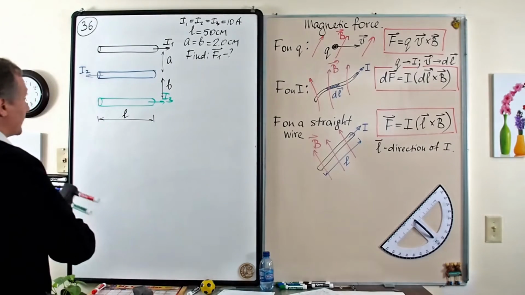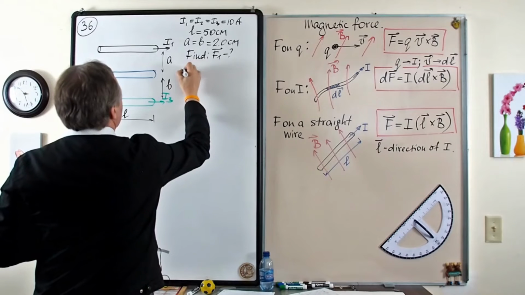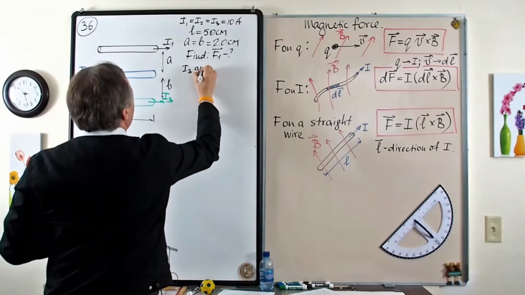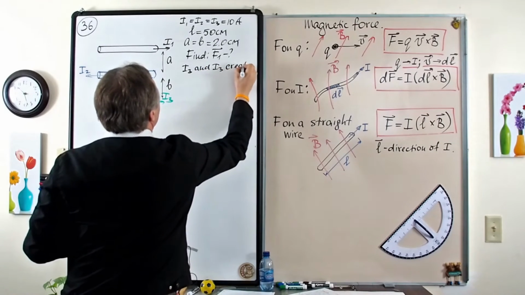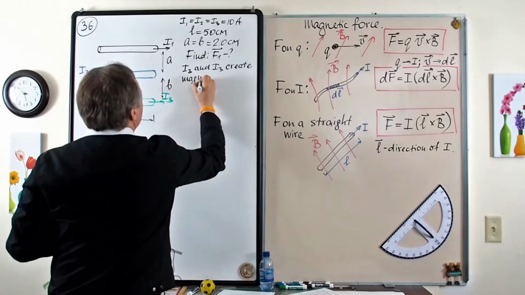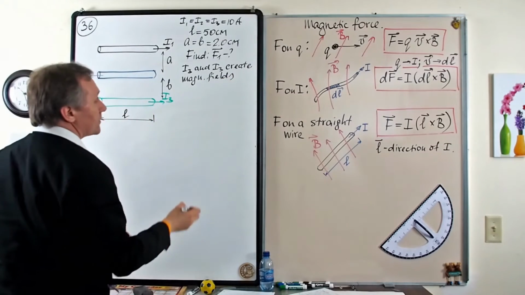So now let me write it. I will first write in words. I2 and I3 create magnetic fields, right? B2 and B3.